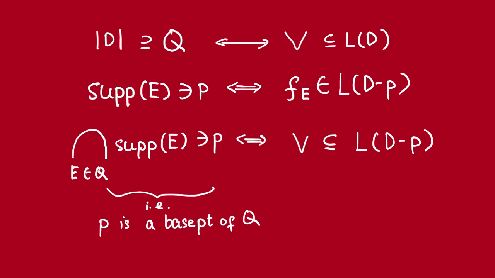Then we claimed before that for a specific divisor E inside Q, to say that P lies in the support of E is the same thing as saying that the corresponding function Fe lies inside L of D minus P. So to say that P is a base point of Q is the same thing as saying that P lies in the support of all of these divisors in Q. That must be equivalent to saying that all of these functions Fe corresponding to these E must lie inside L of D minus P, but that's just the vector space V. So this is equivalent to saying that V must lie inside L of D minus P.